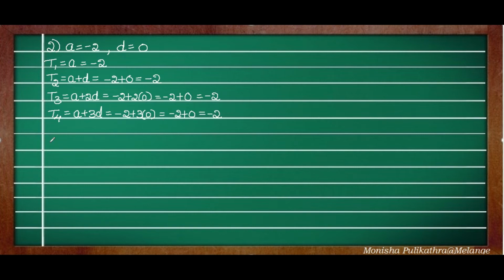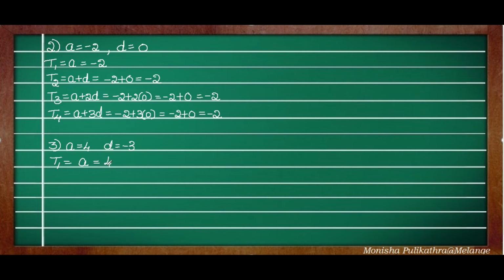So moving on to the third problem. The third problem is A is equal to 4 and D is equal to minus 3. Here we need to find out all the 4 terms. So again T1 is equal to first term.